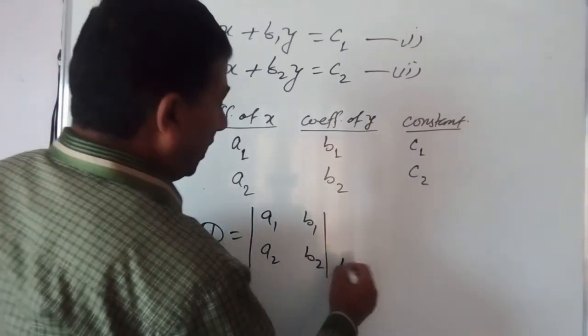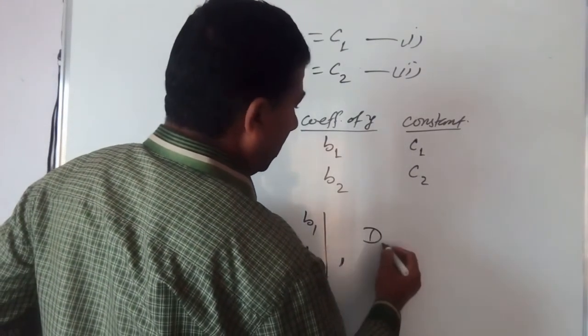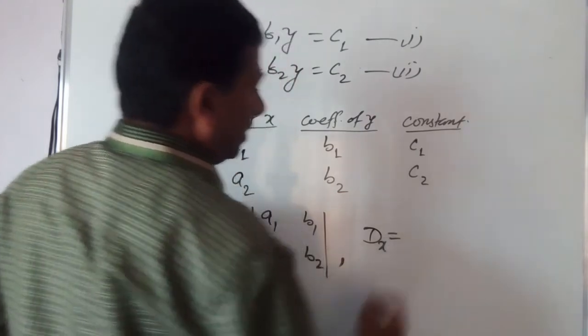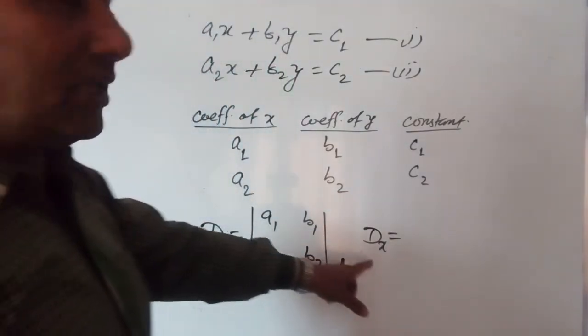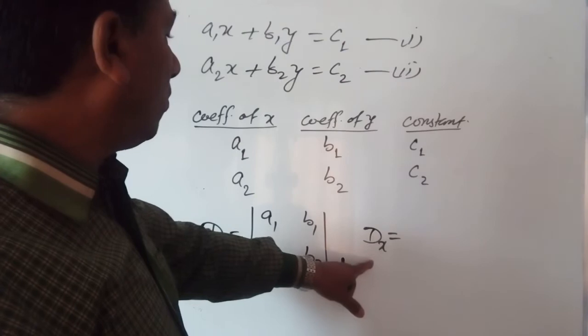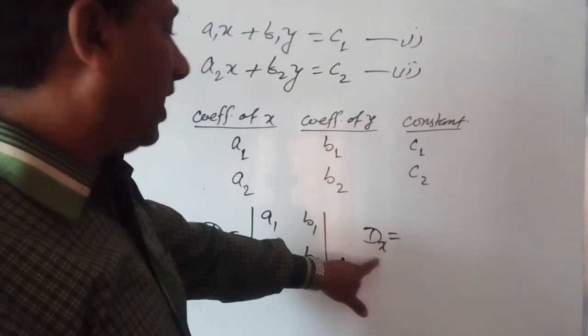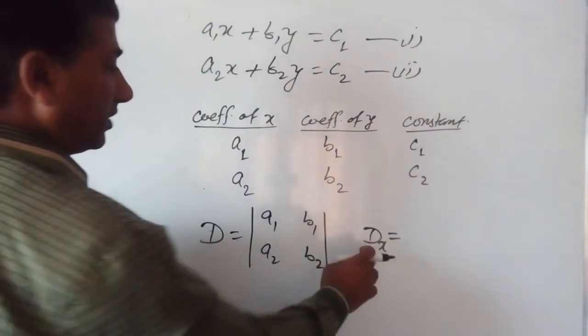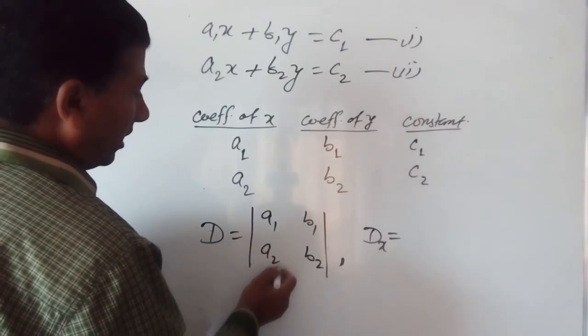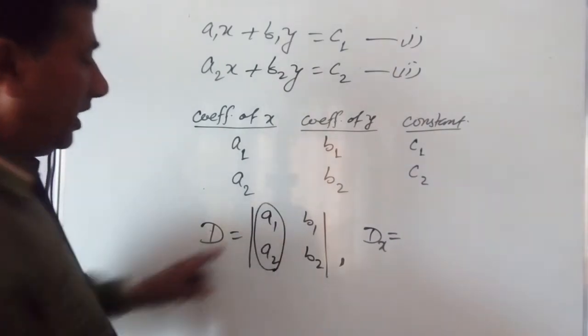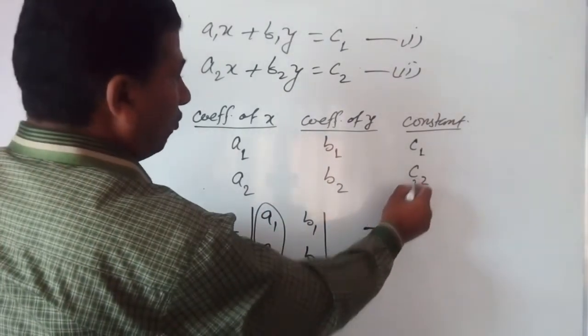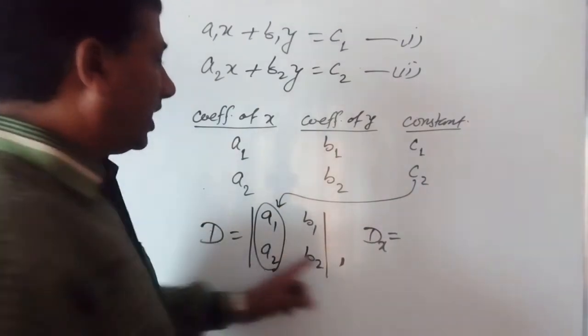Now how to find Dx, the determinant to find the value of x? These are the coefficients of x, a1 a2. Replace a1 a2 by the constants, and that gives Dx.